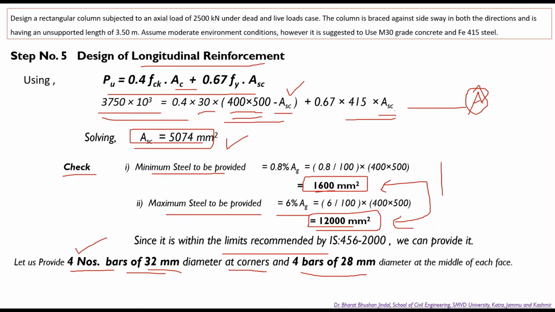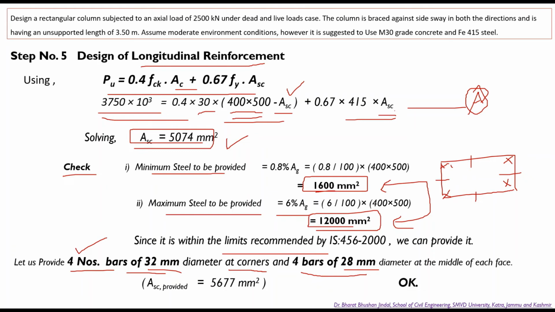So if this is the section, at the corner you can provide 32 mm dia, and in between at the mid of the face we can provide these 28 mm dia bars. You have to keep in mind that you have to design the steel in such a way that it is symmetrically located in the section.